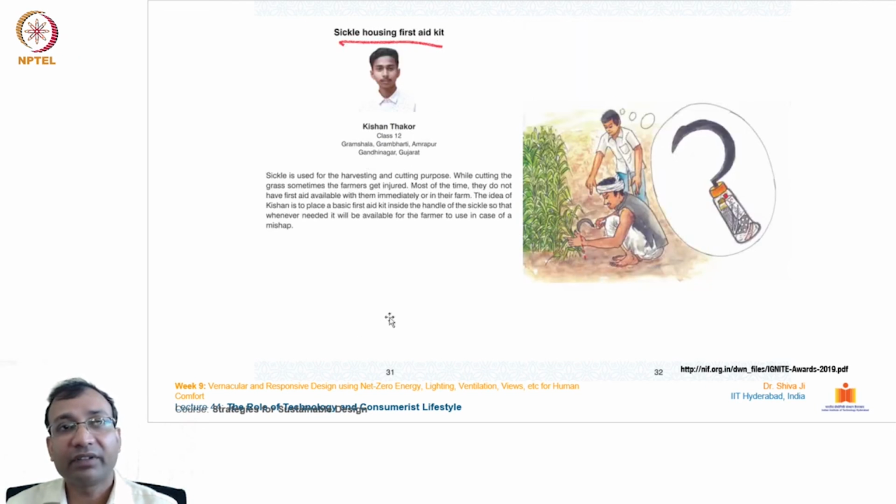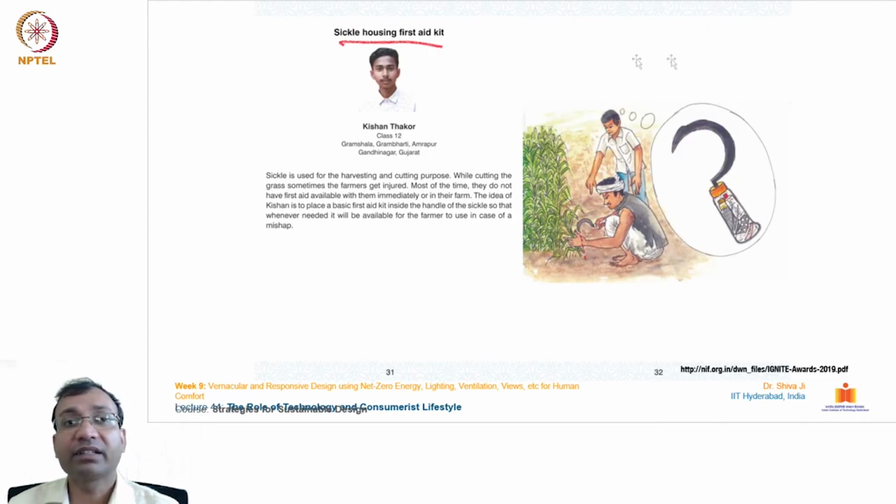So further we have this sickle. You may have seen this sickle. Sickle is a very integral instrument for any agriculturist, any farmer who has crops to cut and take the harvest from the field, and usually they end up cutting their fingers, hands, sometimes injuring themselves very badly.